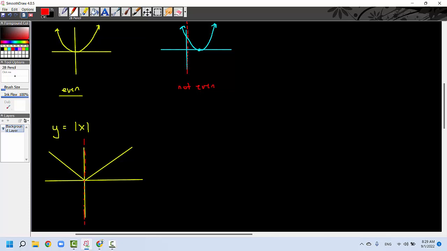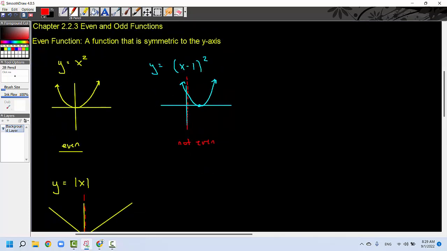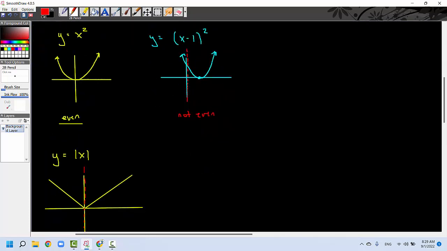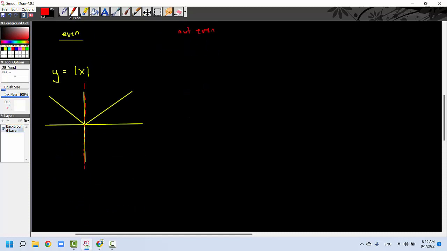And so from here, the way to test whether or not a function is even could be graphically. In fact, I have shown you the way to verify if a function is even graphically. But of course, we can't always graph every single function that we see to determine if it is even or odd.